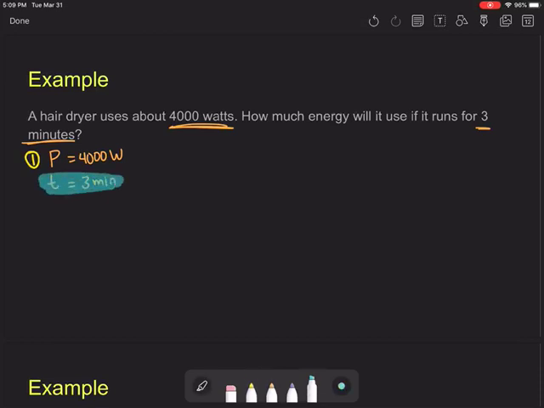But an important thing here: time in our equation has to be measured in seconds, which means we cannot use that 3 minutes. To get minutes into seconds, we know that every minute has 60 seconds in it. So 3 minutes will be 60 plus 60 plus 60, or you could say 3 times 60 seconds in 1 minute, which gives you 180 seconds.